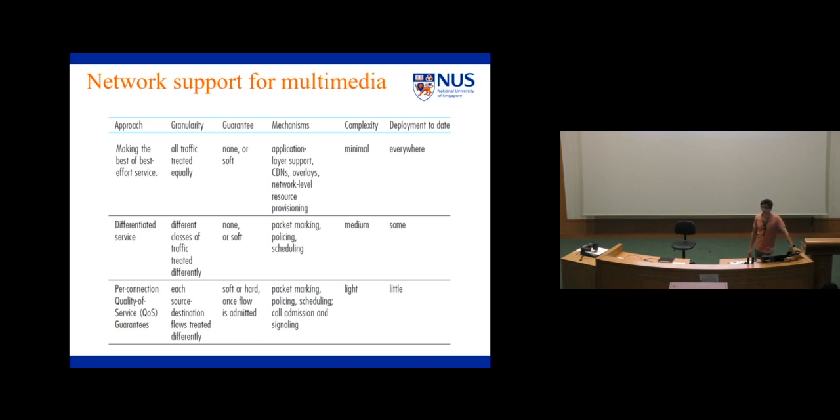Some of the packets will be lost, yes, but in fact, most of the internet today is configured this way. There is no underlying network mechanism to support different media applications. But if you want to build support, we are building complexity at the edge, at the application layer, at the edge devices, at the CDN levels. So that is all at the edge of the network, not at the core of the network.